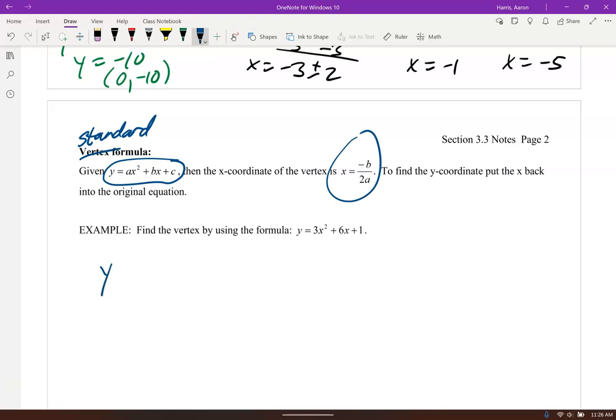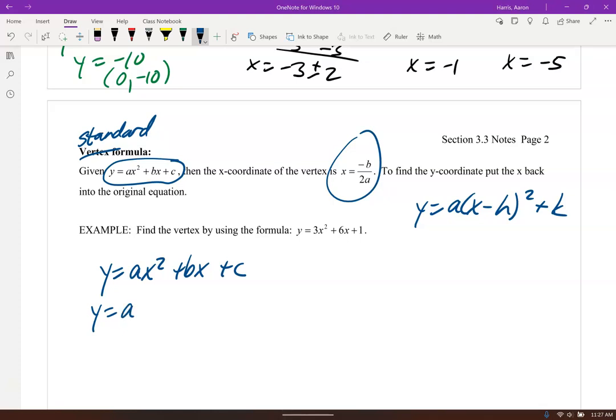Let's take our standard form, and if you actually complete the square on that and put it in vertex form, I want you to see where this x equals negative b over 2a comes from. What you do is you take an a out of the first two terms, so you'd have b over a x now. You push the plus c out there, and then you'd complete the square on this.